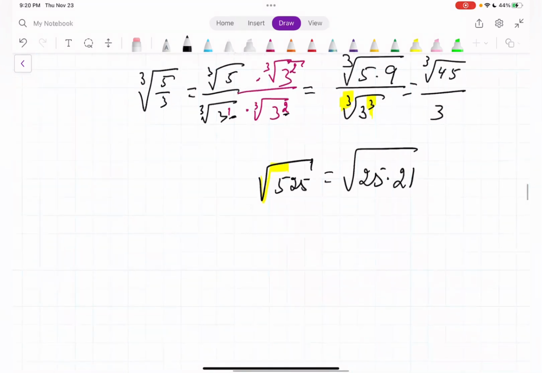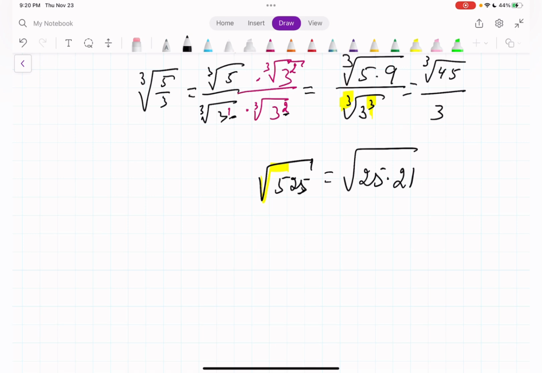If you don't know, I figured out that since it's ending with 5, we can divide by 5.